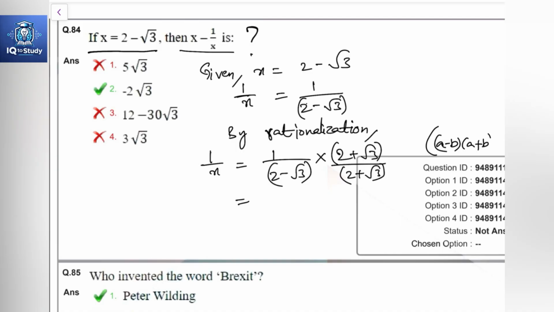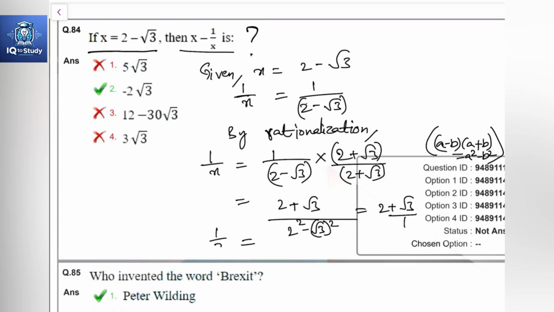is equal to a square minus b square, which implies 2 plus root 3 by 2 square minus root 3 whole square, that is equal to 2 plus root 3 by 1. So 1 by x is equal to 2 plus root 3.